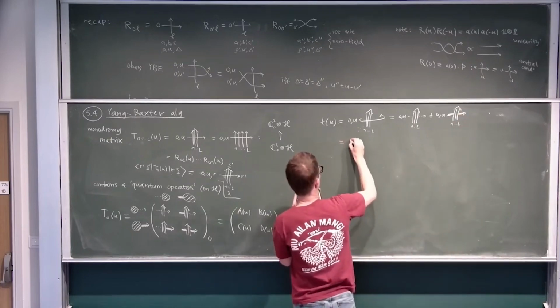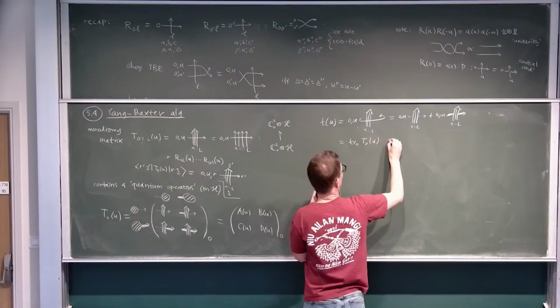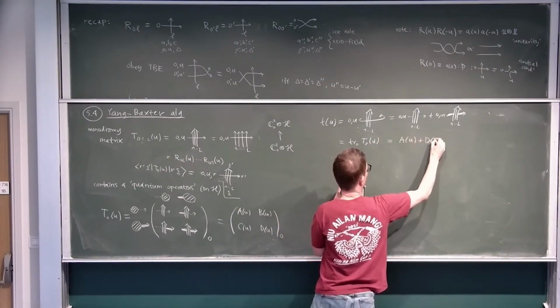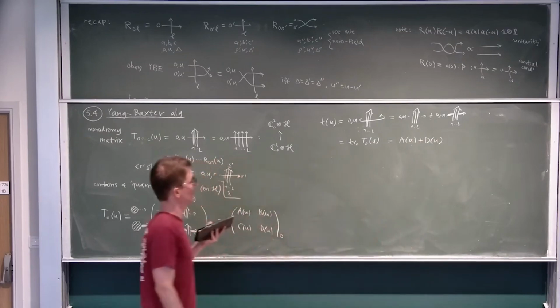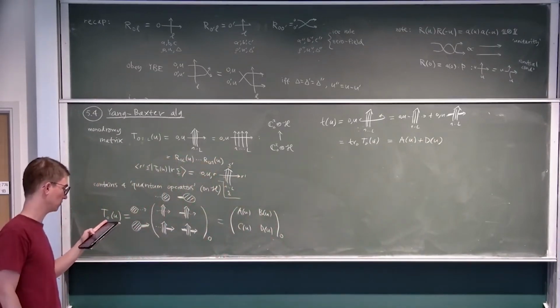In other words, it's a trace over the auxiliary space of the monodromy matrix, which is also equal to the A operator plus the D operator. So these A, B, C, D, they in particular contain the transfer matrix, or they generate the transfer matrix.